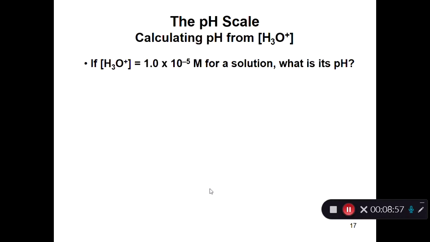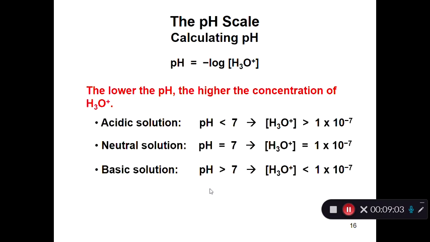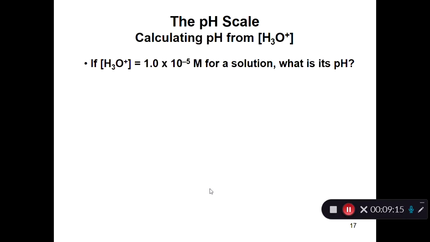So I'm going to work with this equation. What is the pH for this solution? Please remember the formula for pH. pH is negative log of the H3O plus concentration, the hydronium concentration. So let me plug in: negative log of 1.0 times 10 to negative 5th molar.